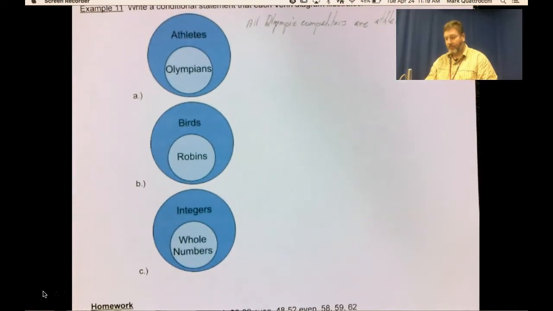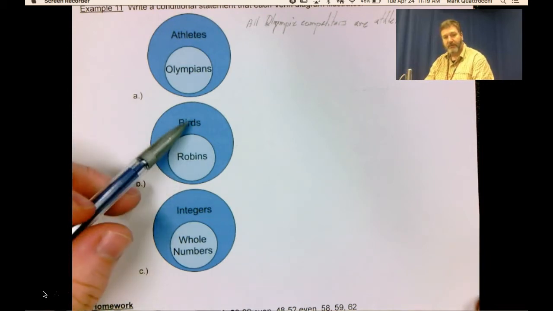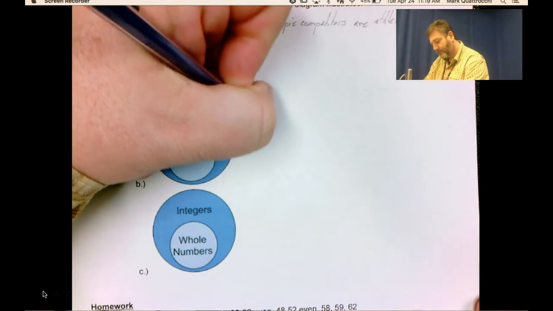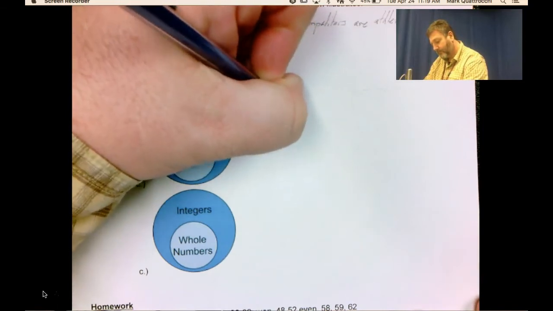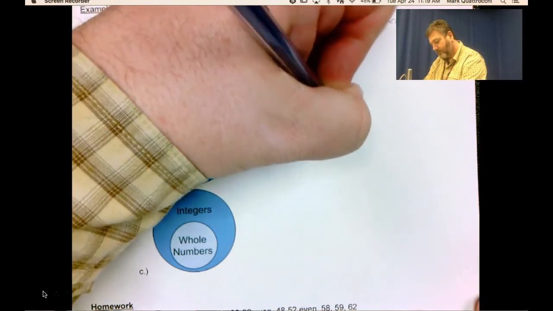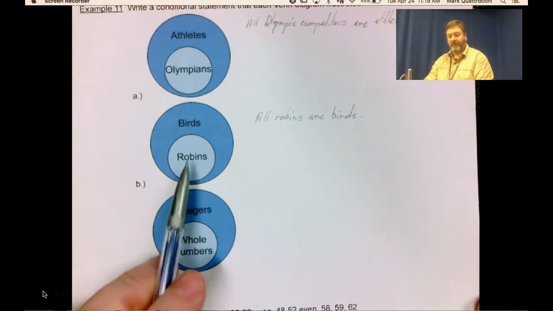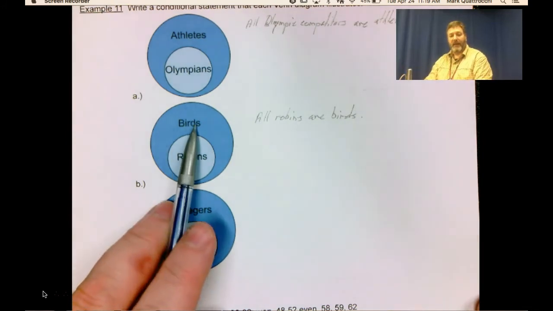Okay. B. All robins are birds. If something is a robin, then it is a bird.